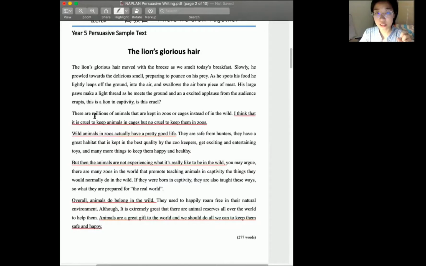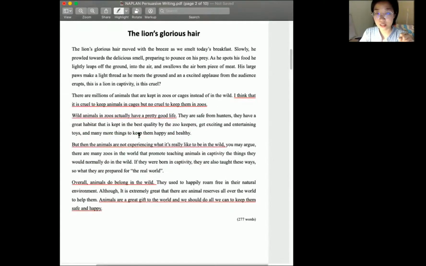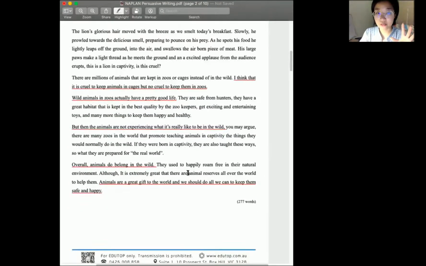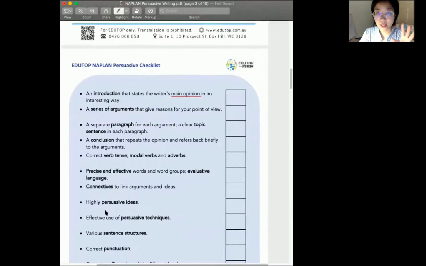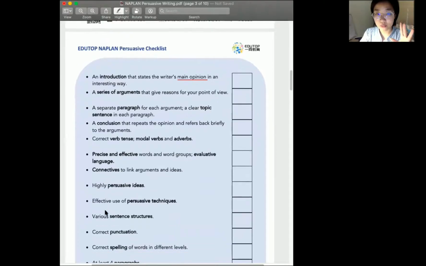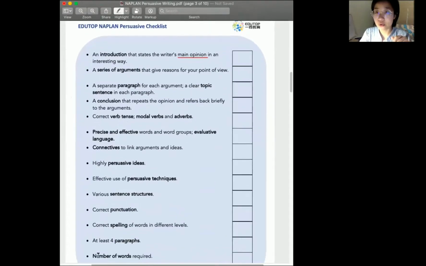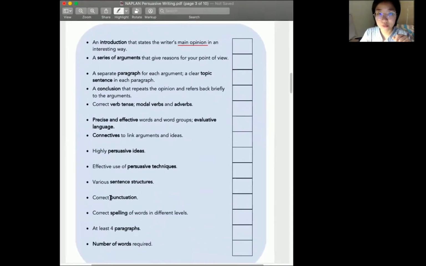So we know what the author's opinion is, and it sets out the arguments in separate paragraphs, and then in conclusion, it summarizes its arguments or restates its opinion. So it's very logical. Now, if we zoom in and look at more language details in this writing, what can we find? That's the following point we are going to discover.